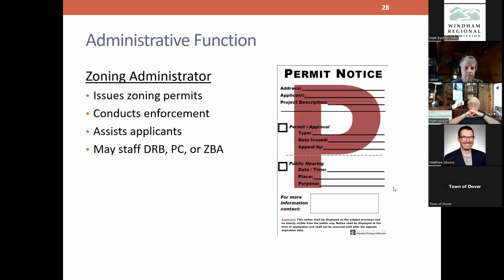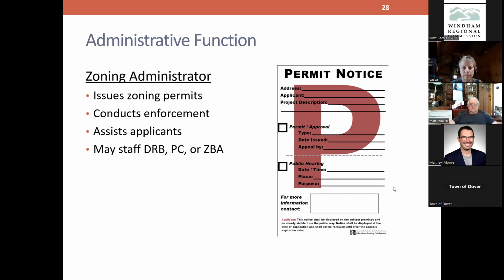For the administrative function, the zoning administrator issues zoning permits for projects that may not require approval by a DRB, planning commission, or ZBA, or issues those permits after a project has received those approvals from the required board, committee, or commission.